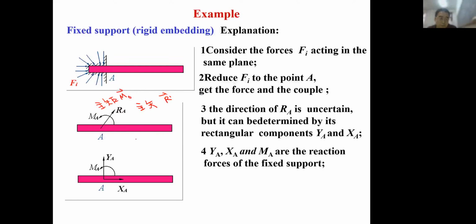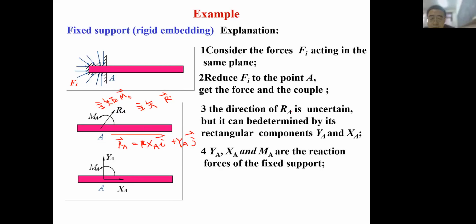Because we do not know the real direction of RA, we can decompose RA into two components: XA along the x direction and YA along the y direction.